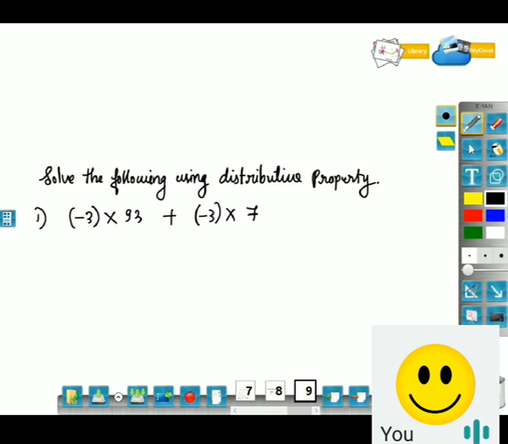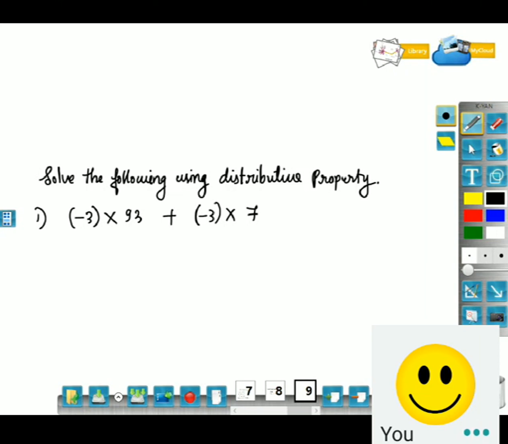All of you do this and write your answer. Okay, most of you are writing the correct answers. Now let's see how to do this one.